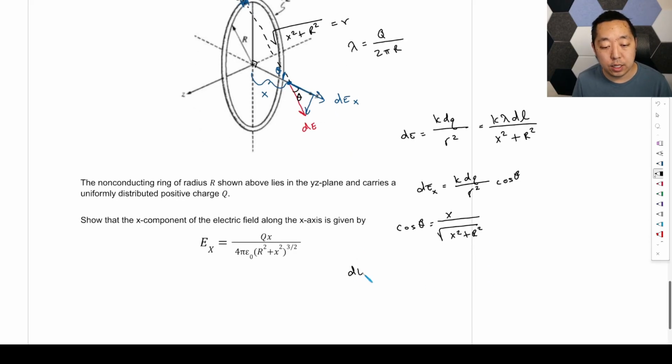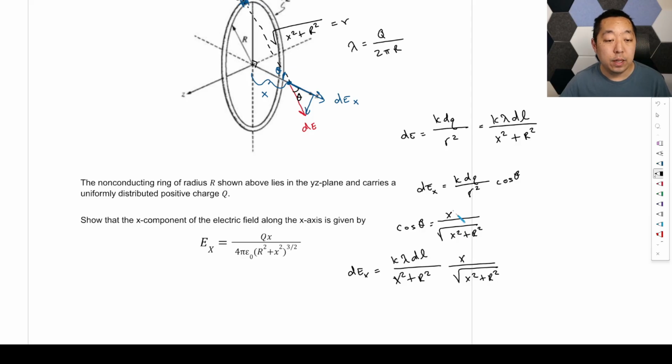So the dE in the x direction is k lambda dl, because that's what we replace the dq with, divided by x squared plus r squared, times x over the square root of x squared plus r squared.